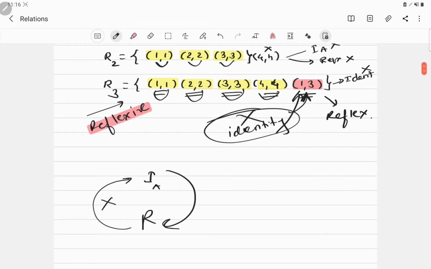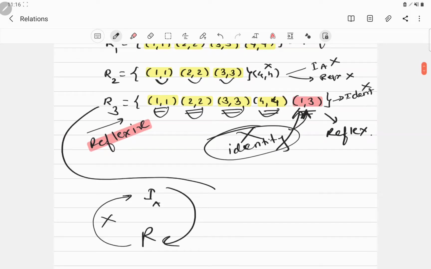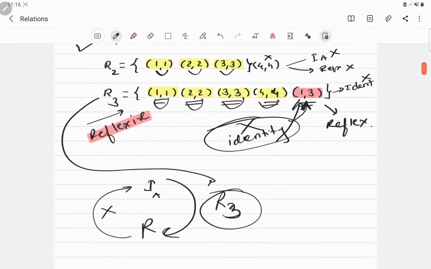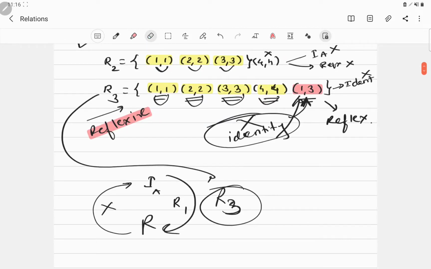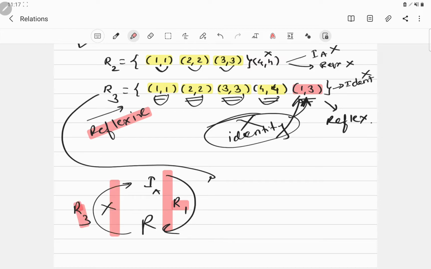Make sure you understand the meaning of this wording through R3. R3 is reflexive, but it is not identity. R1 indicates identity is reflexive, and R3 indicates reflexive but not identity. So through R1, understand this pattern, identity as reflexive, and through R3, understand reflexive which is not identity.